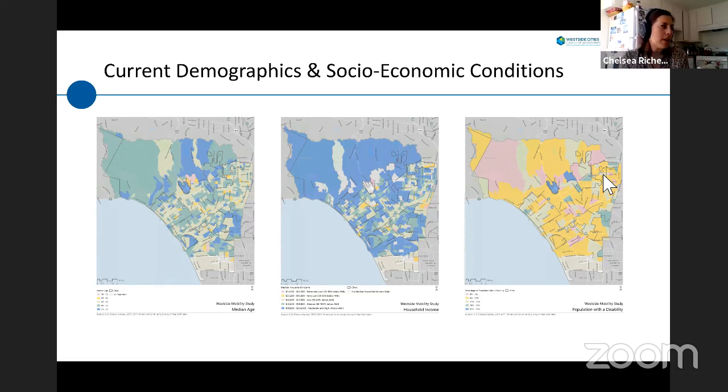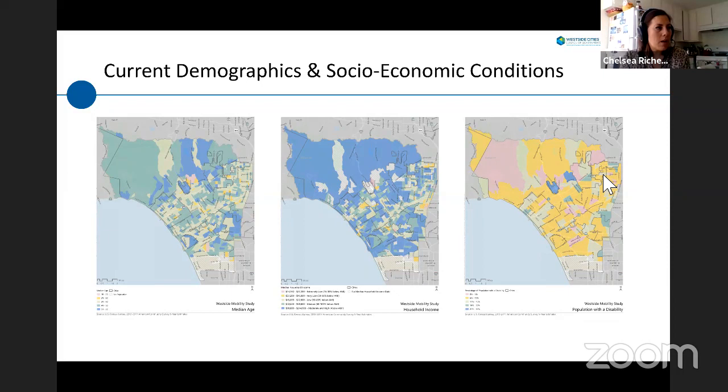So the yellow areas on the map to the left are the areas with the lowest median age. You can see some of that popping around Westwood, unsurprisingly, and around some of the other college campuses in the area, Loyola, for example. Then there are higher median ages in the southeast area of the region and up in some of the hillside areas as well.